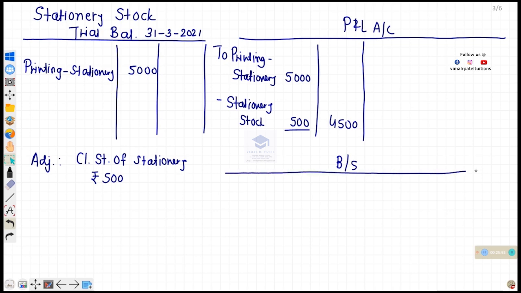Second effect, on the asset side of balance sheet.